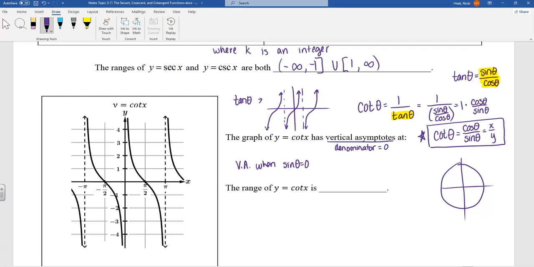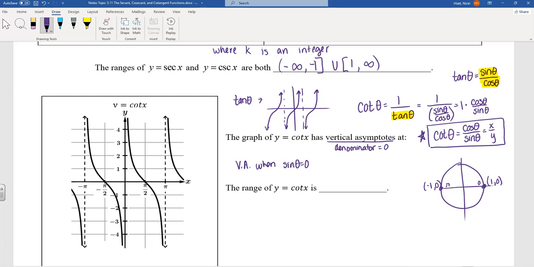So sine is my y coordinate. Sine equals 0 here at 0, and also here at pi. And then again at 2 pi, and 3 pi, and 4 pi, and 5 pi, right?